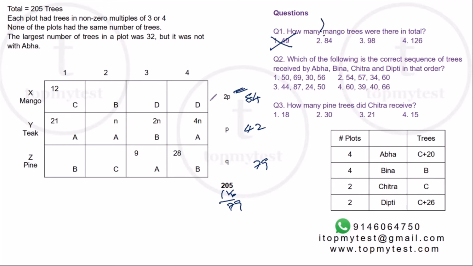If this is 98, this will be 49. That's 147. 205 minus 147, that will be 58. That is also possible. I mean, there are enough trees here. Okay. 126. If I put 126 here, this will be 63. That's 189.